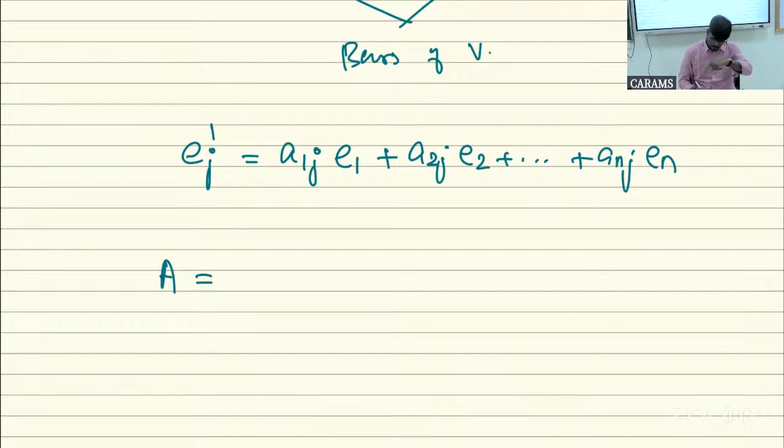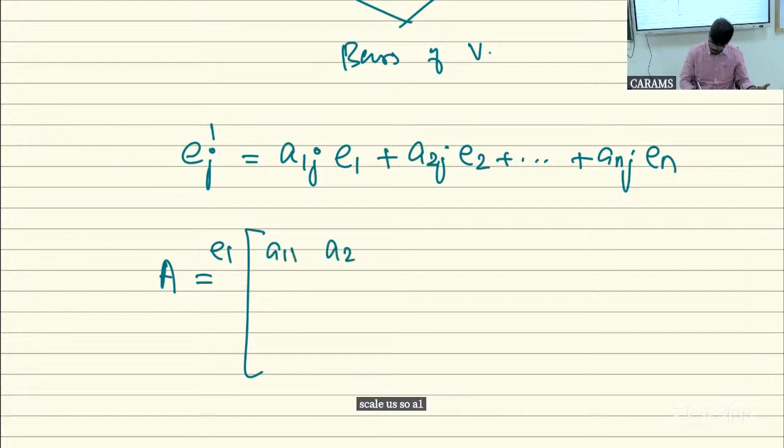So now we can construct a matrix A. For each E prime like that, you look at E1 prime, then for it you will have one set of scalars: A11, A21, and so on up to An1.